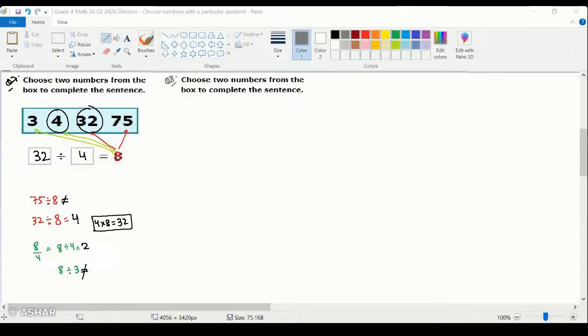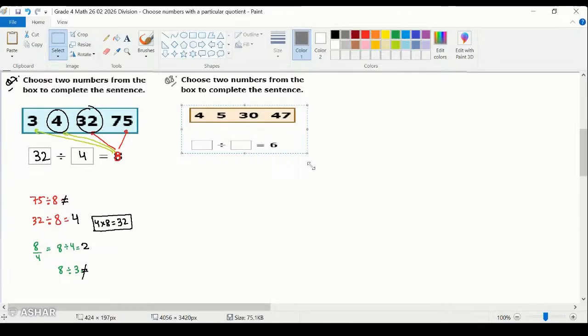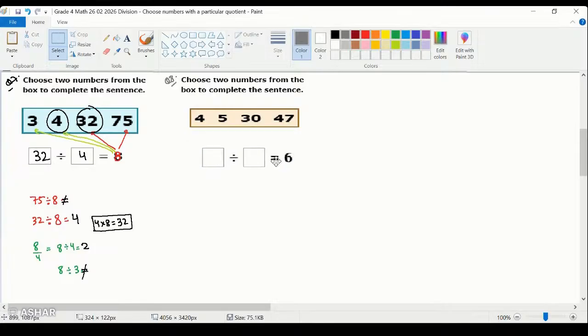Let's have a look at the next question. The next question says, question number 8, that these are the numbers that have been given to us, and we need to choose any two numbers out of these numbers which complete the sentence.